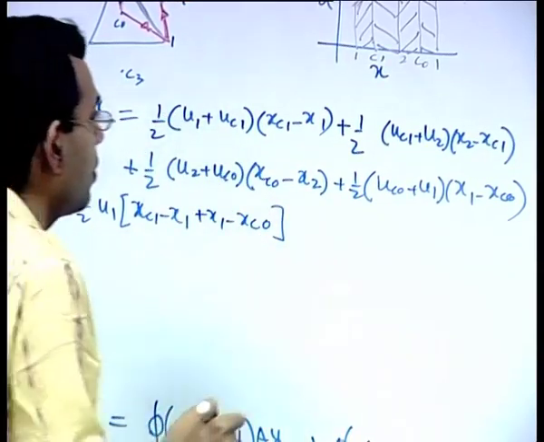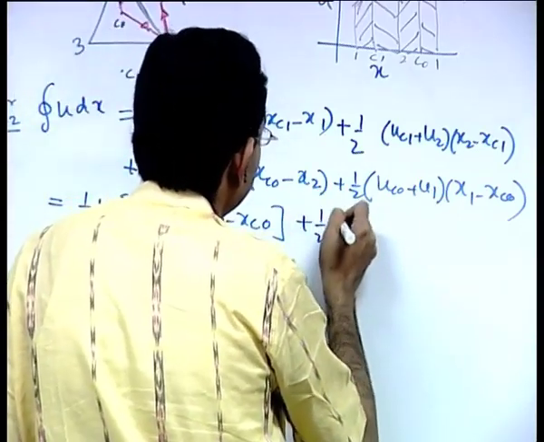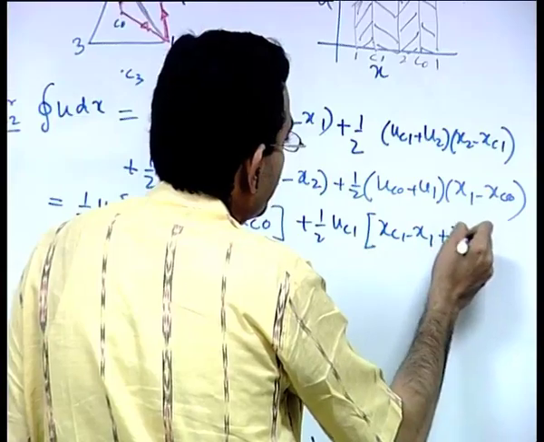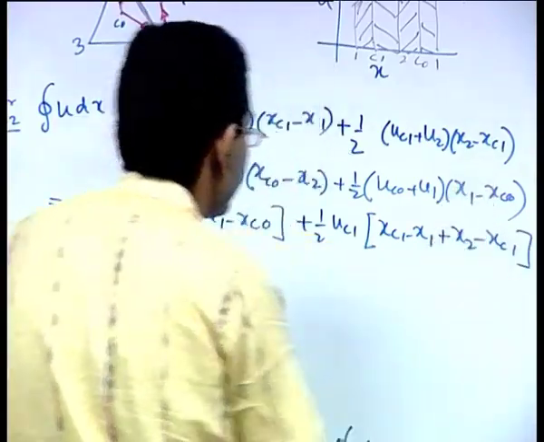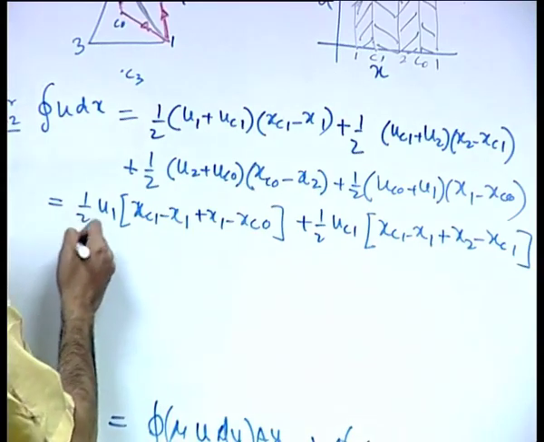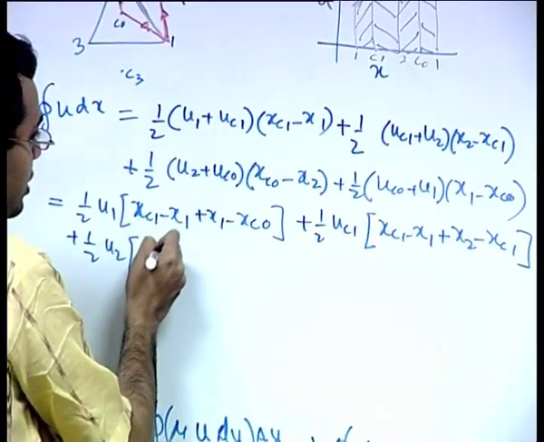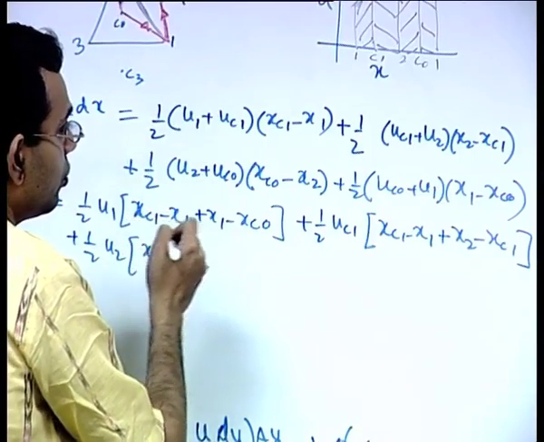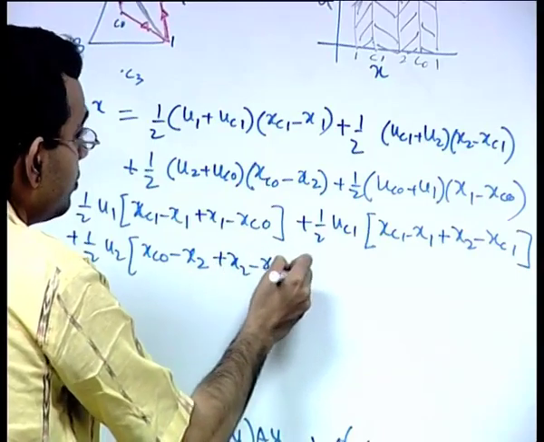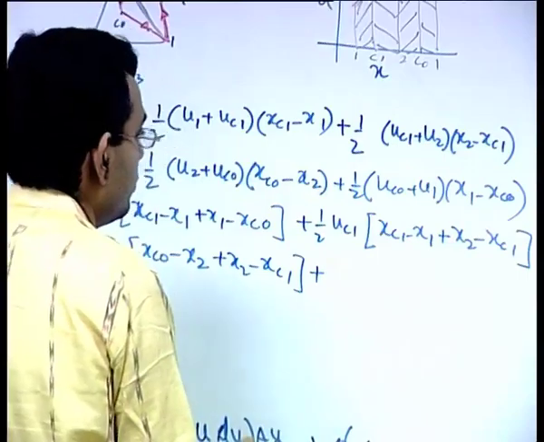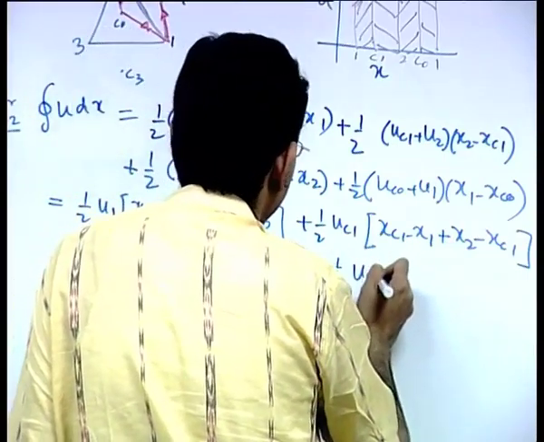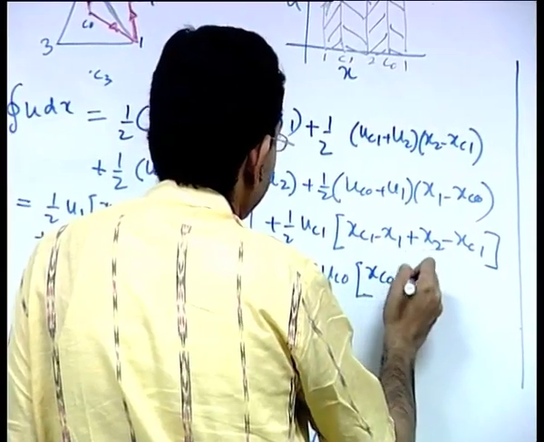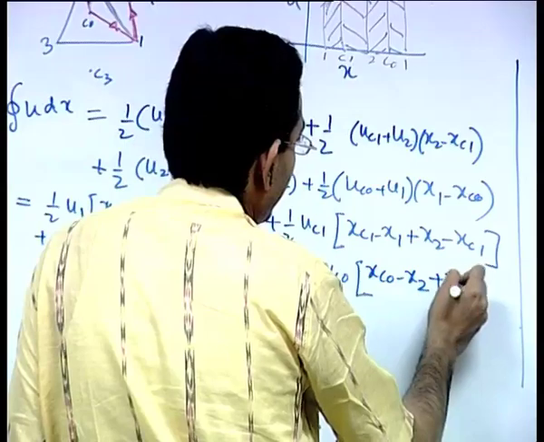This is U1, then UC1 into XC1 minus X1 plus X2 minus XC1, plus U2 into XC0 minus X2 plus X2 minus XC1, then half UC0 into XC0 minus X2 plus X1 minus XC0.